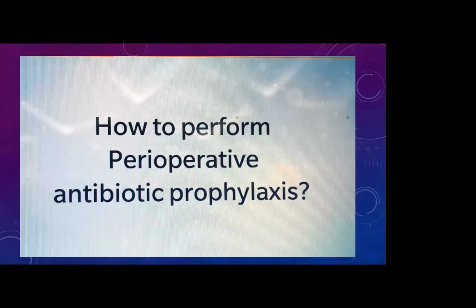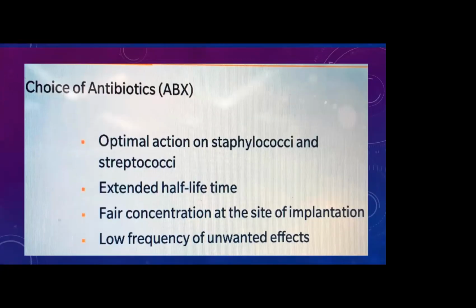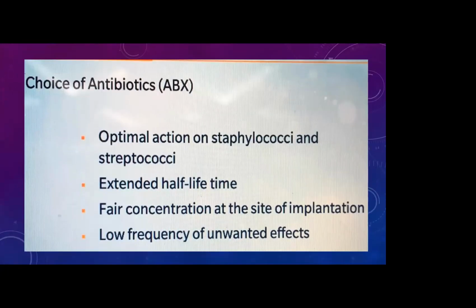So now, how do we perform our perioperative antibiotic prophylaxis? There are 3 factors. First, the choice of the antibiotic. Second, the onset of action of the antibiotic. Third, the duration of the antibiotic. To choose the antibiotic, it must have optimal action on staph and strep, because these are the most common causes of PJI, and it has an extended half-life, is active and highly concentrated at the site of operation.